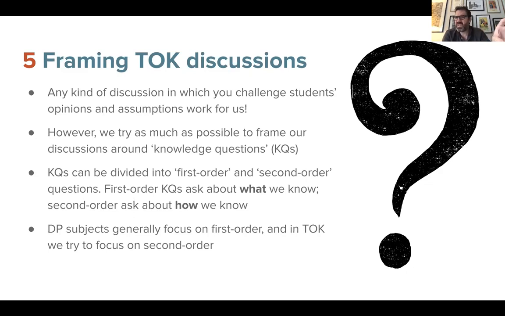What evidence is valid when it comes to assessing whether Napoleon invaded Europe because he had a, I don't know, psychological complex, and so on. You're asking how you know what you know. So that's what we're interested in, and that's the kind of thing that we look at. So your DP subjects, maths normally, the other subjects normally, you're looking most of the time at first order questions, and we're trying to look at second order knowledge questions.